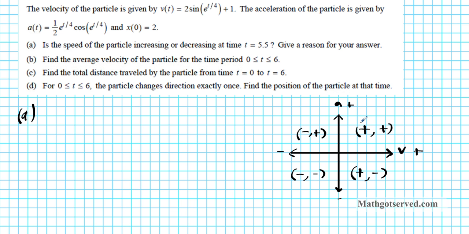So what do these signs tell us about the speed? If velocity is positive, that tells us that the object is moving forward. Since acceleration has the same sign as the velocity, that means that the object is going to be speeding up in the forward direction.